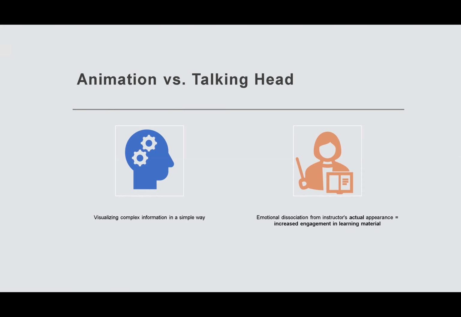That will take away your focus on the actual material. Whereas if I use animation, there's that disassociation, right? You're still able to pick up on the emotional context and those nonverbal communications, but it helps you hone in on the subject matter and not me.